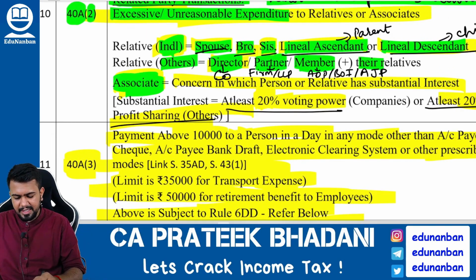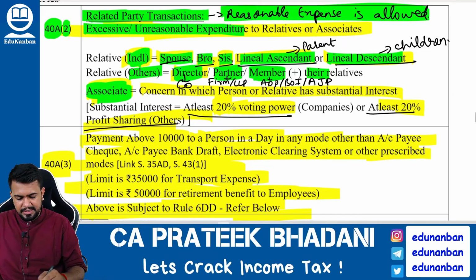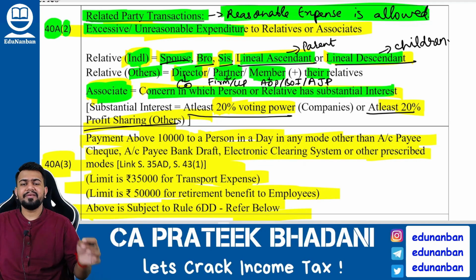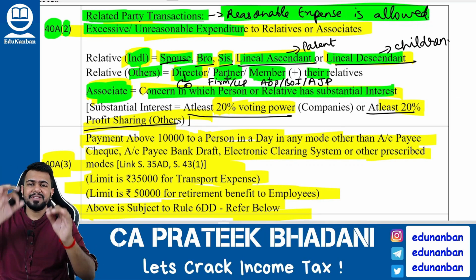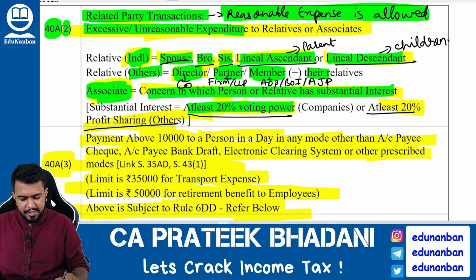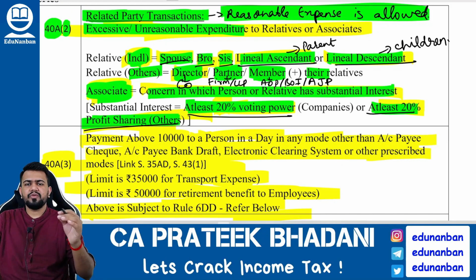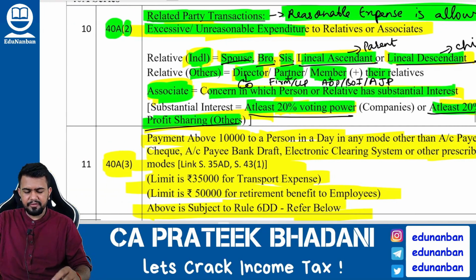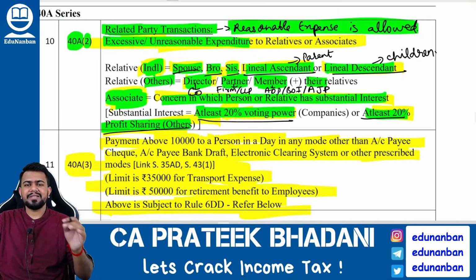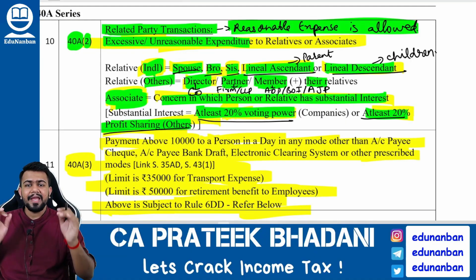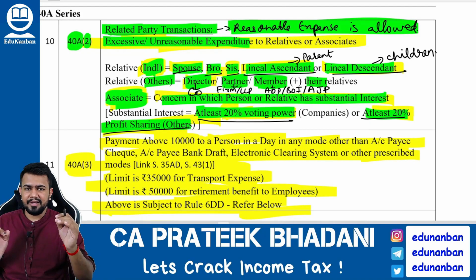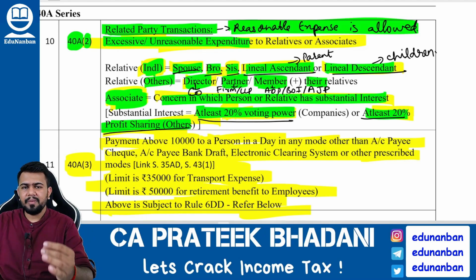Next, what is an associate? An associate is a concern in which a person or a relative has substantial interest. Substantial interest means what? 20% voting power or 20% profit sharing. 20% voting power in case of companies, or 20% profit sharing ratio in case of other than companies, is called substantial interest.